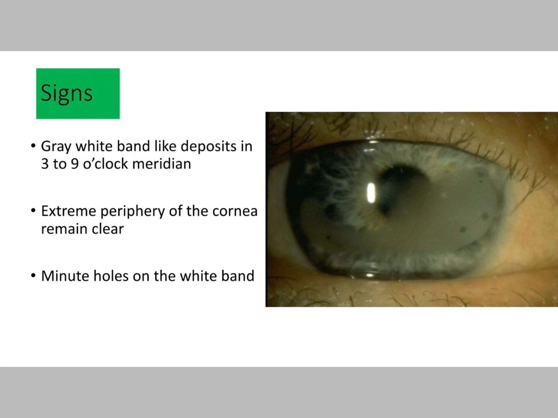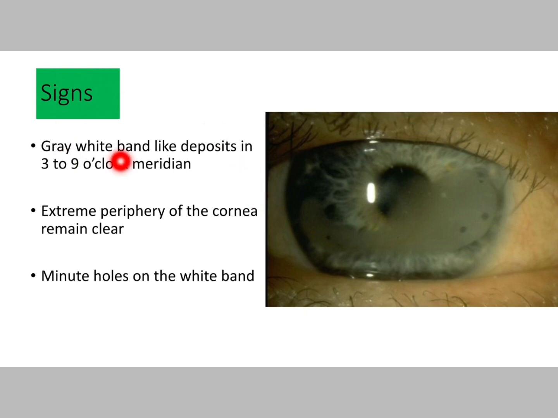Now the calcium deposition that happens over the cornea is the same as the calcium found in teeth and bones. Initially the deposition starts at the epithelium basement membrane and reaches the Bowman membrane, and it can also reach the anterior stroma depending on how long the person has had band-shaped keratopathy and its severity.